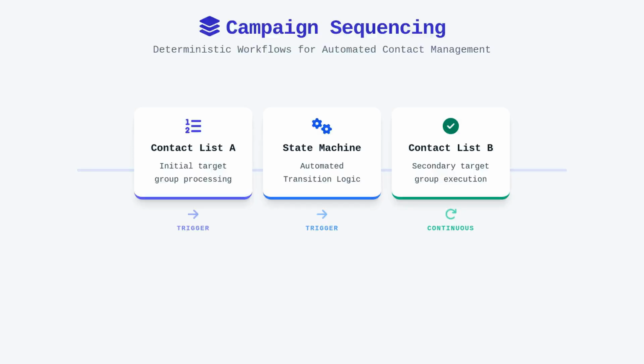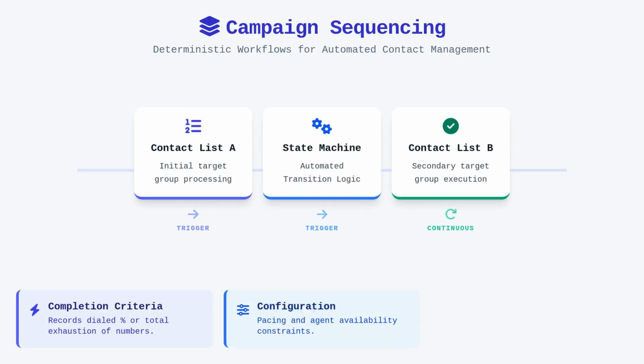The power of this approach lies in its ability to automate transitions once a specific list reaches its completion criteria, such as a percentage of records dialed or a total exhaustion of reachable numbers. You must configure these sequences with care, ensuring that each step maintains the desired pacing and agent availability constraints required by your organization. This functional automation allows organizations to maintain continuous outbound activity without administrative overhead.